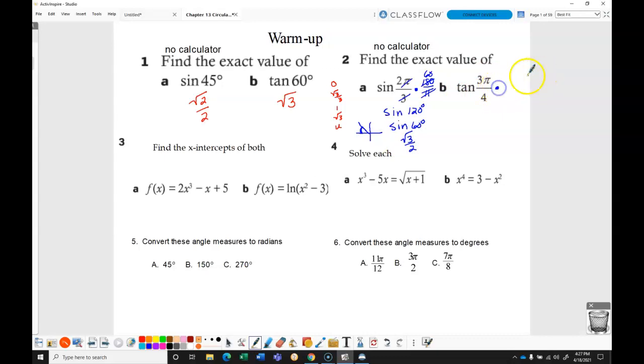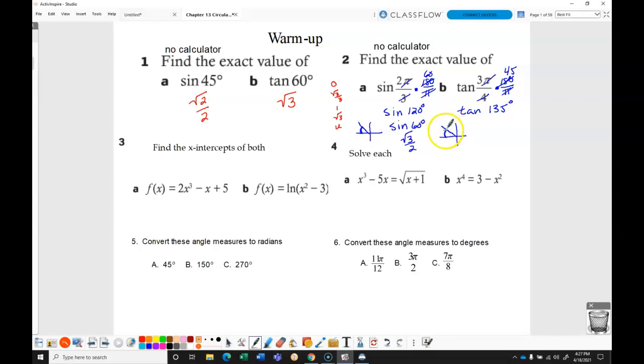I'm going to go ahead and change this to degrees. So I've got 180 over pi. Pi's cancel. 4 goes into 180 45 times. And 3 times 45 is 135. So I'm really looking for the tangent of 135 degrees. Okay, and if I'm thinking about where that lands, that's 45 degrees off the x-axis this way.